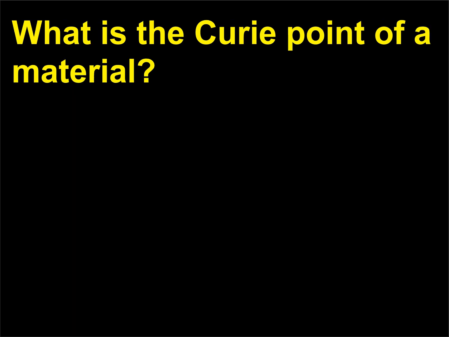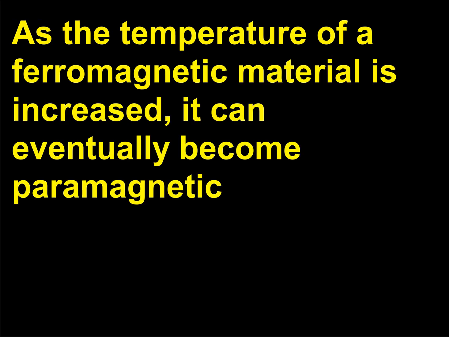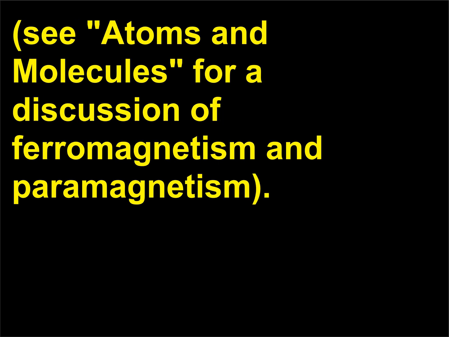What is the Curie point of a material? As the temperature of a ferromagnetic material is increased, it can eventually become paramagnetic. See atoms and molecules for a discussion of ferromagnetism and paramagnetism.